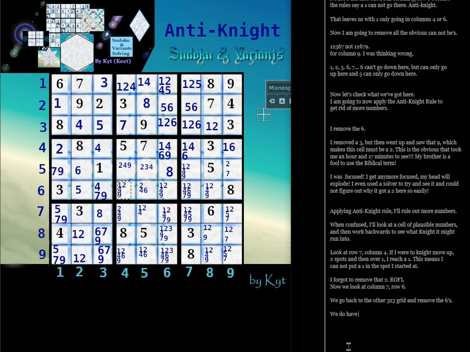Now we do have a 4 in row 4, so let's remove the 4s.